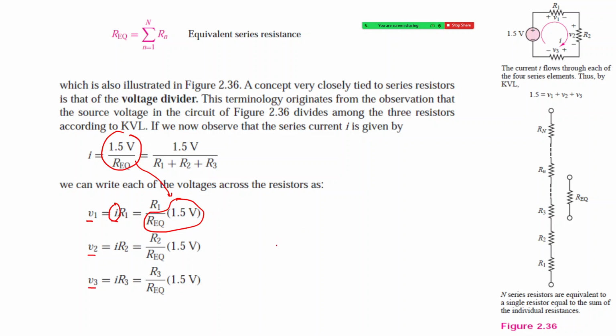For example, if we have this is V, we have R1, R2, R3 like this.